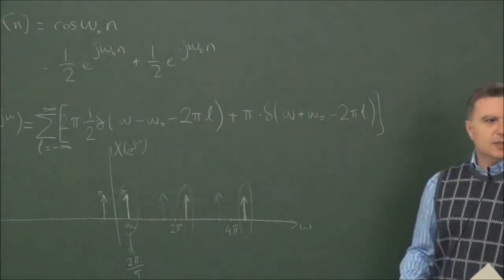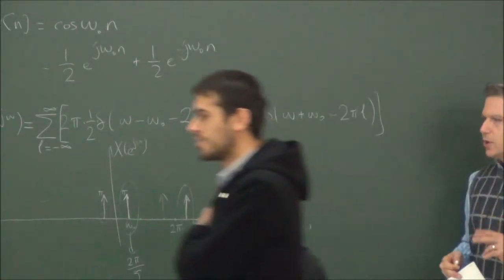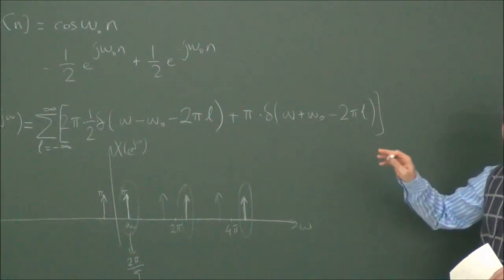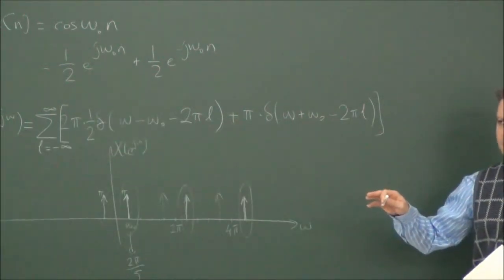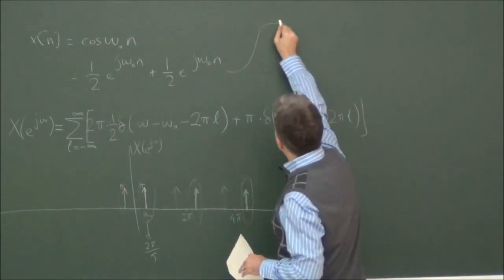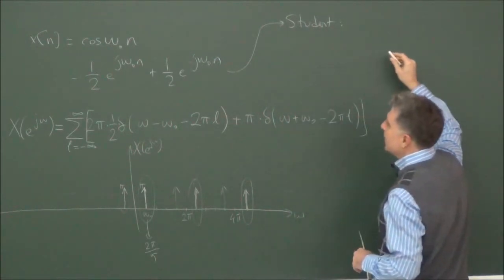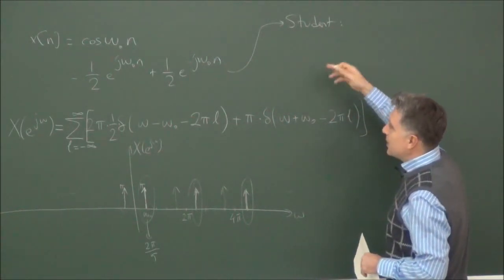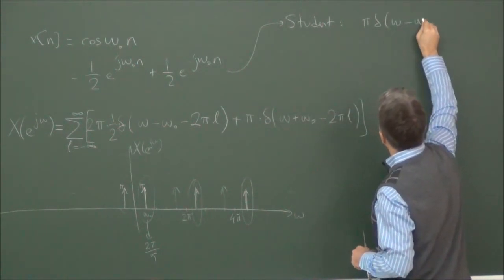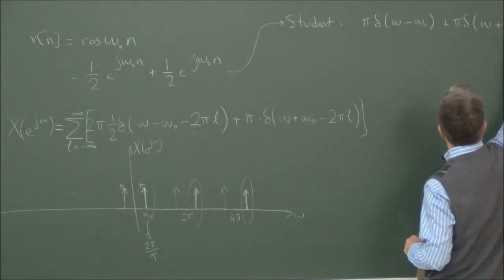So can you now see the difference between two alternative representations of the same thing? Usually when I ask a question like this in the exam, let me tell you how the student answers it. The student says that the Fourier transform is pi times delta omega minus omega 0 plus pi times delta omega plus omega 0.